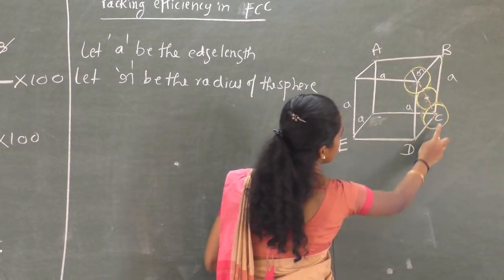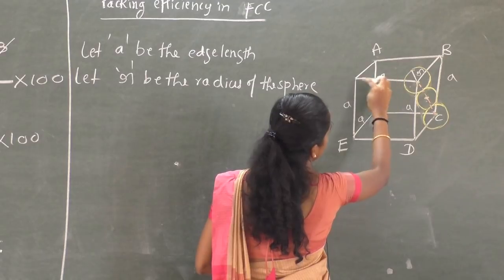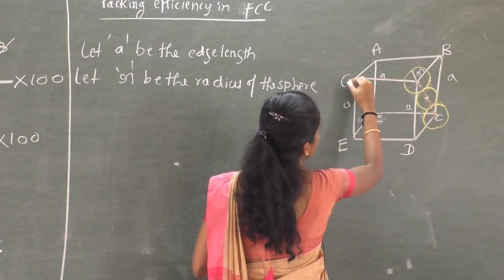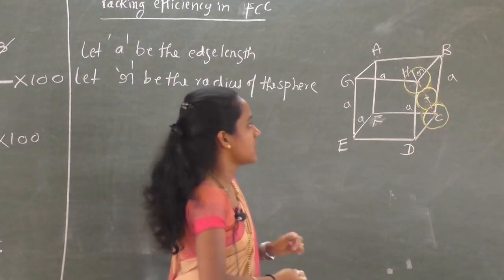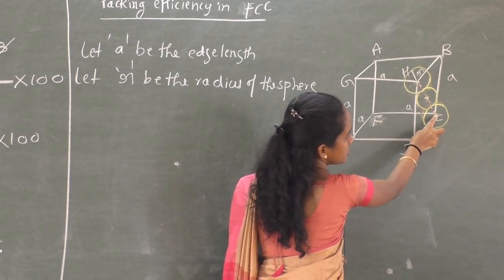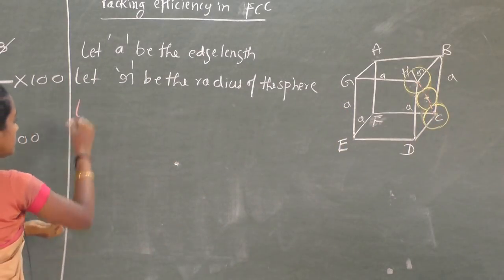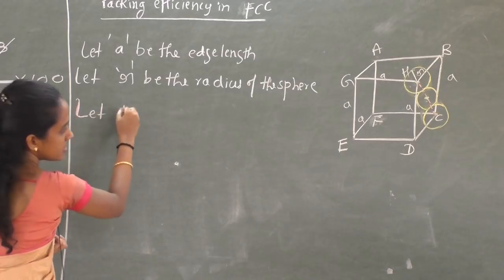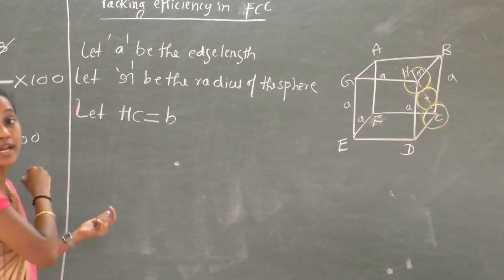A, B, C, D, E, F, G, and this corner is H. Clear? Now, HC, this is corner H and this is corner C. Let HC be equal to b, small letter b.